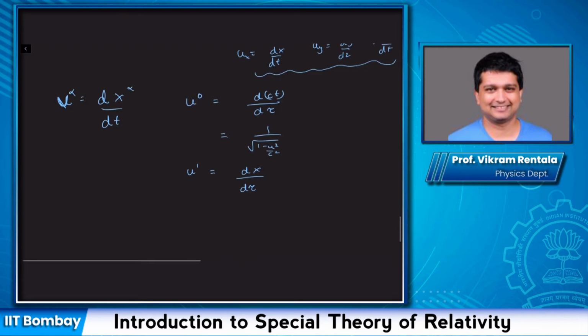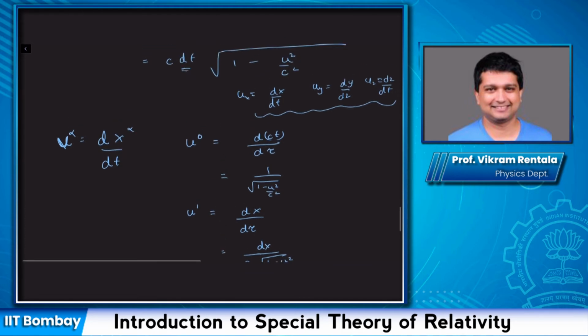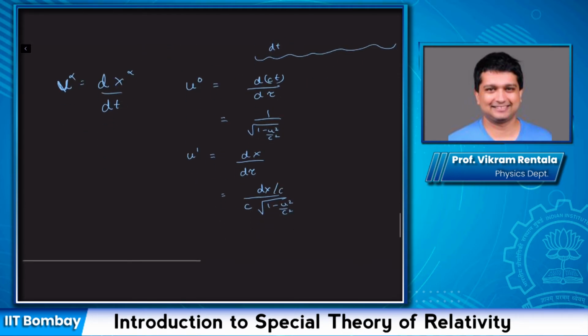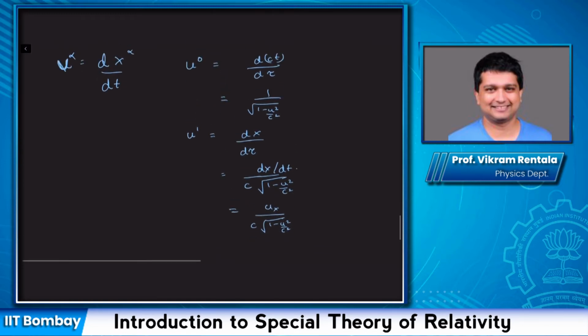And similarly, u1 would be dx/dτ, which would be 1 by c times the square root of 1 minus u²/c². Let me write it this way. There's a dx here, and dτ contributes a factor of c dt. So I'll write that here. And dx/dt again is ux. So I get c.